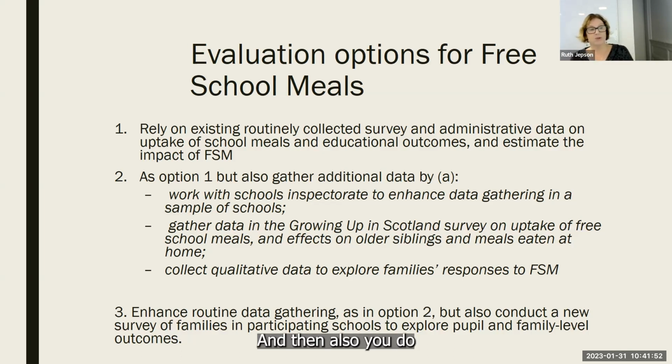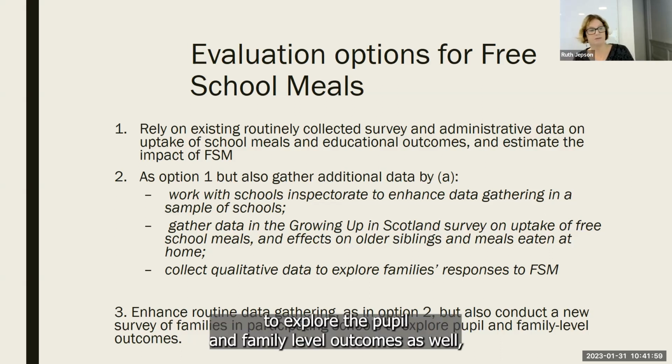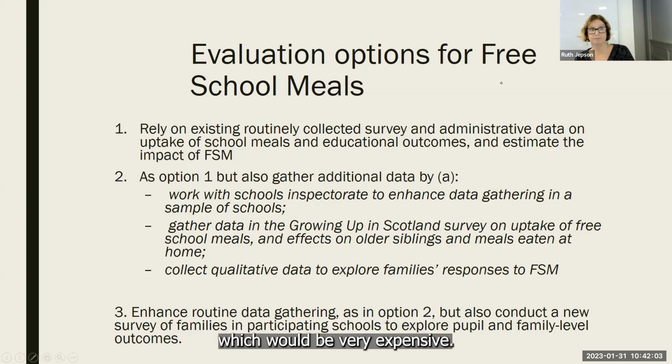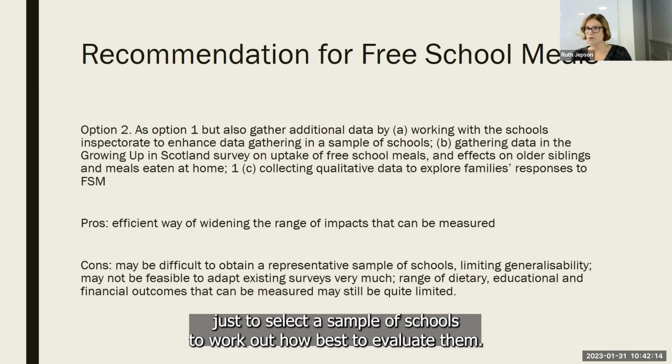And then also you would do enhanced routine data, but then collect a new survey of families to explore the pupil and family level outcomes as well, which would be very expensive. So what we basically recommended to them was to work with the schools, just to select a sample of schools to work out how best to evaluate them.